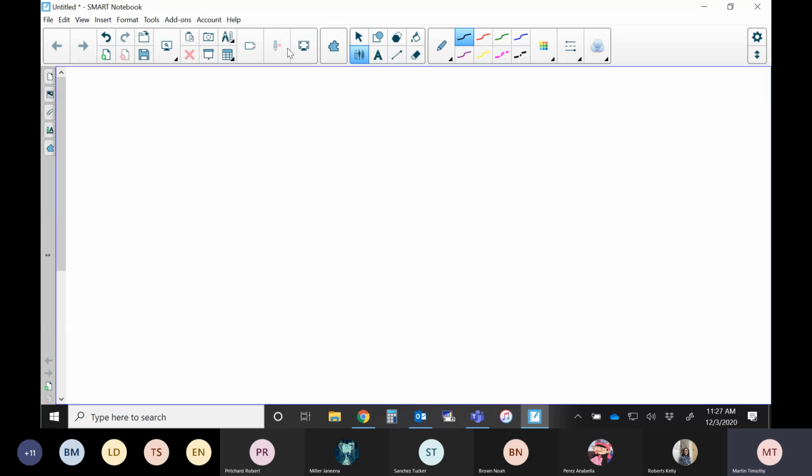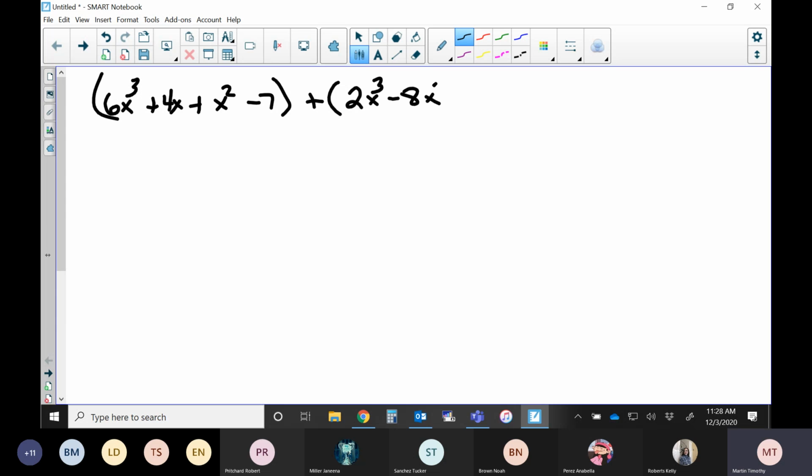So the reason we're doing that is because we're going to get problems like this. And in this case, do the parentheses matter?